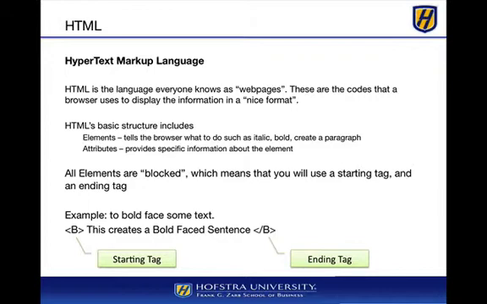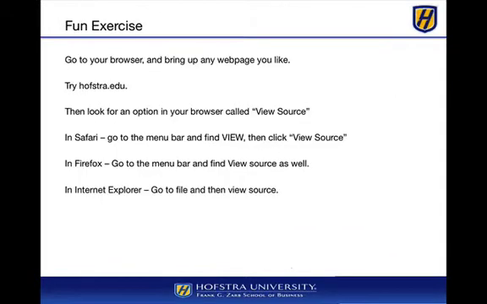And then at the end of where I want the bold facing to stop, I will basically use a slash B, that's a forward slash B, which goes from the bottom left to the top right, which is located by the question mark or by the lower right hand shift key. And again, we have the less than sign, slash B, and greater than sign, and that ends that tag of boldface. So that would basically create the bold-faced sentence.